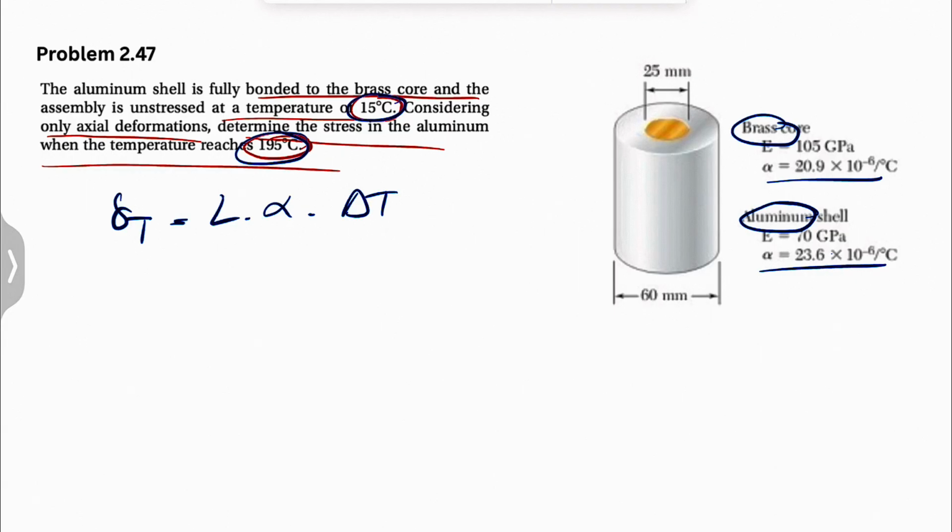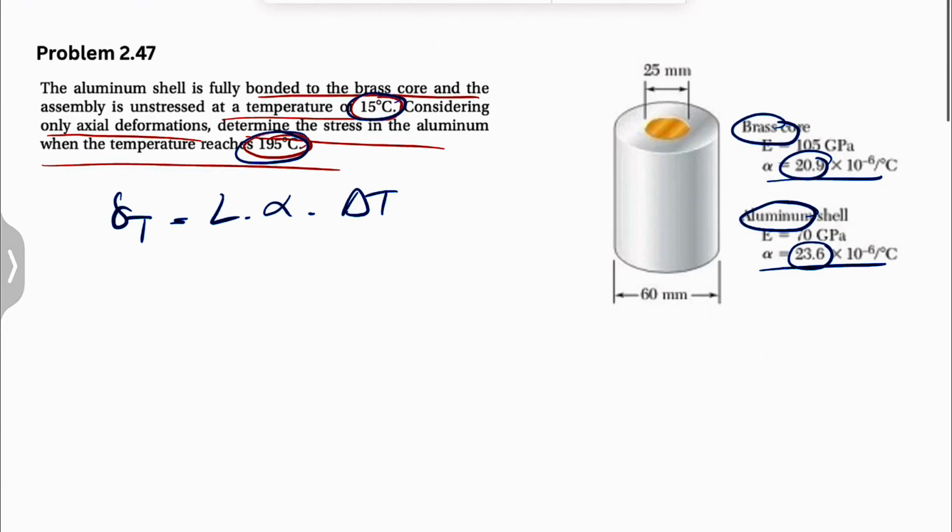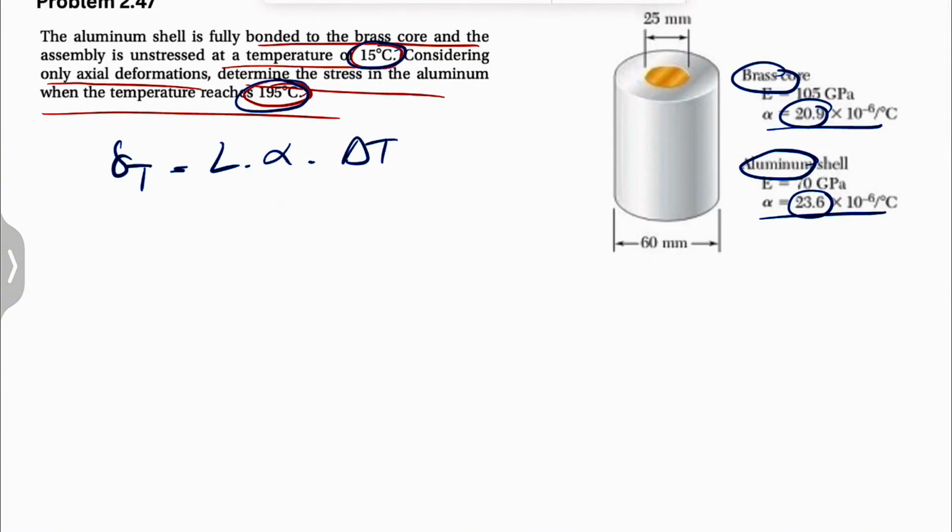And if we have a look at these numbers, we see that the aluminum has a little bit larger value compared to brass, which means during this temperature increase, the aluminum tends to expand a little bit more than the brass, and that's going to create a force between these two since they are bonded to each other.